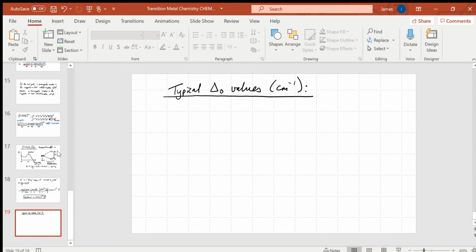Okay, let's look at chromium-3 complexes. Let's look at if we had 6 F- ligands, what if we had 6 water ligands, what if we had 6 ammonia ligands, and what if we had 6 cyanide ligands.